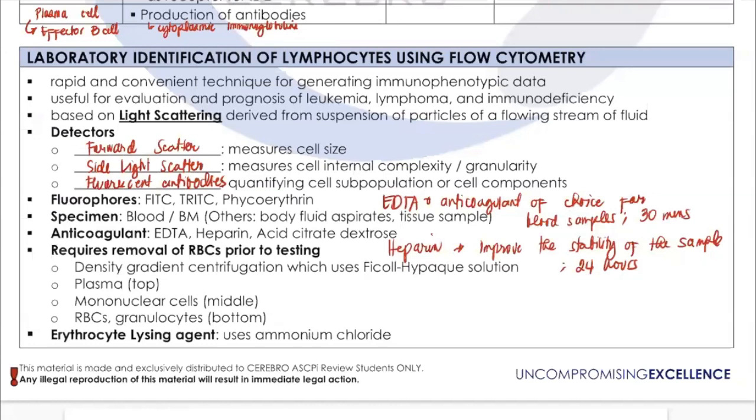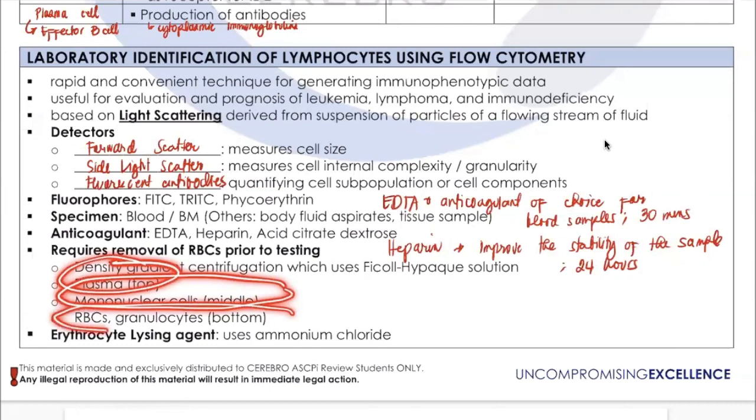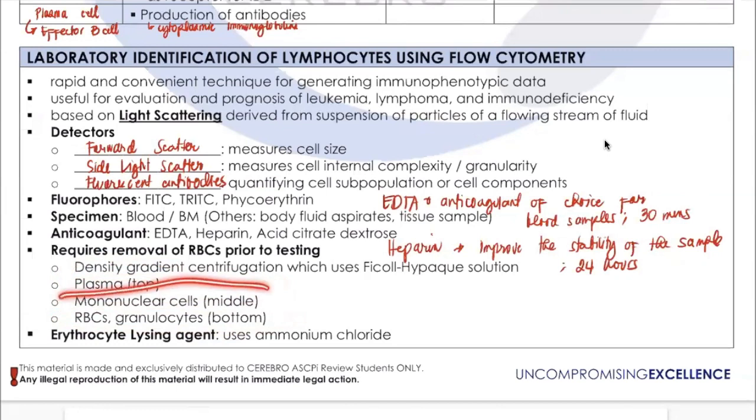We have the plasma on top, the mononuclear cells in the middle, and the red blood cells and granulocytes at the bottom. Of course, we harvest our lymphocytes from the middle because lymphocytes are mononuclears.